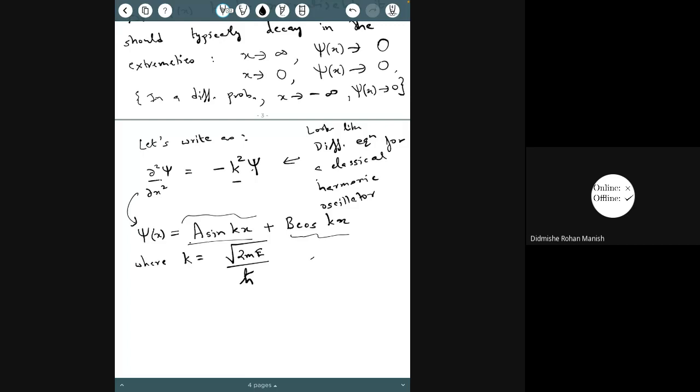So you can verify that A sine kx and B cos kx independently satisfy this differential equation. And if you have multiple solutions to a differential equation, you can take a linear combination of them, and that will also be a solution. So you can write the solution as A sine kx plus B cos kx.